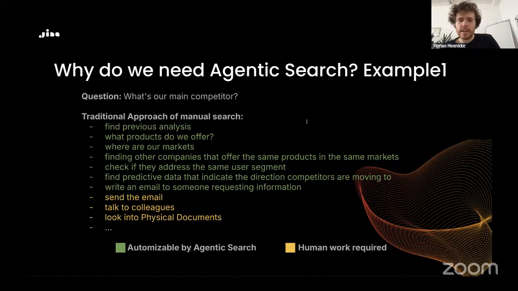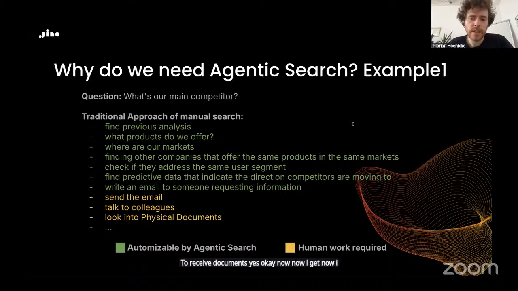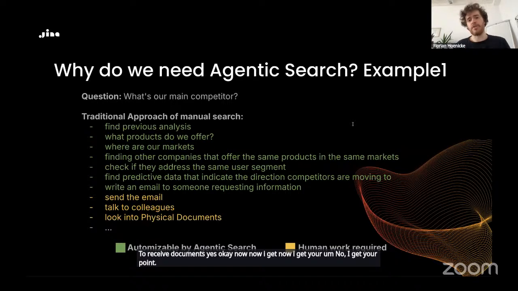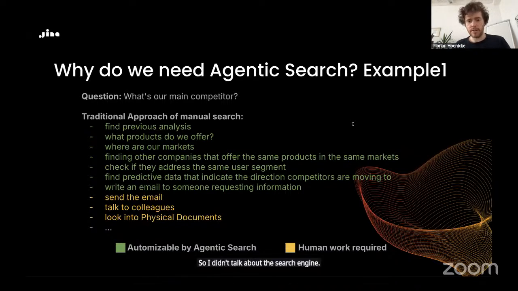So, is a similarity metric used to retrieve documents? Yes. Okay, now I get your point. I didn't talk about the search engine, right? Who knows how all these search engine providers do this?